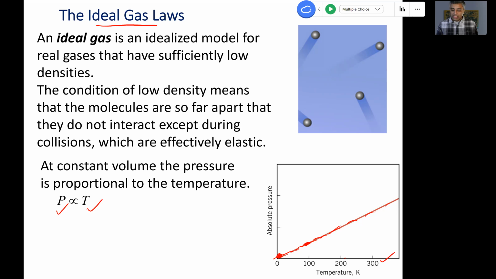So anyway, that's what we use as the SI unit, because the pressure goes to 0 at that temperature. So basically, everything freezes in place at 0 Kelvin. The gas molecules are not wandering around anymore at that temperature.